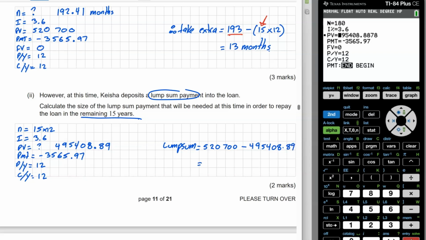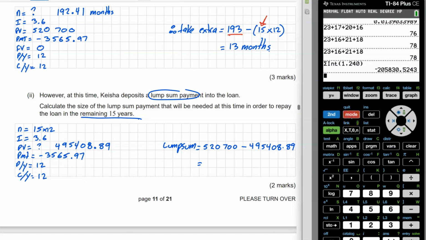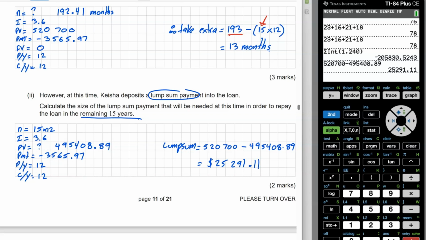And so we need a lump sum of 520,700 minus that, so we need a lump sum of this amount, 25,291.11. And so that will mean that we'll be able to repay the loan in the 15 years if the interest rates are going to go up.